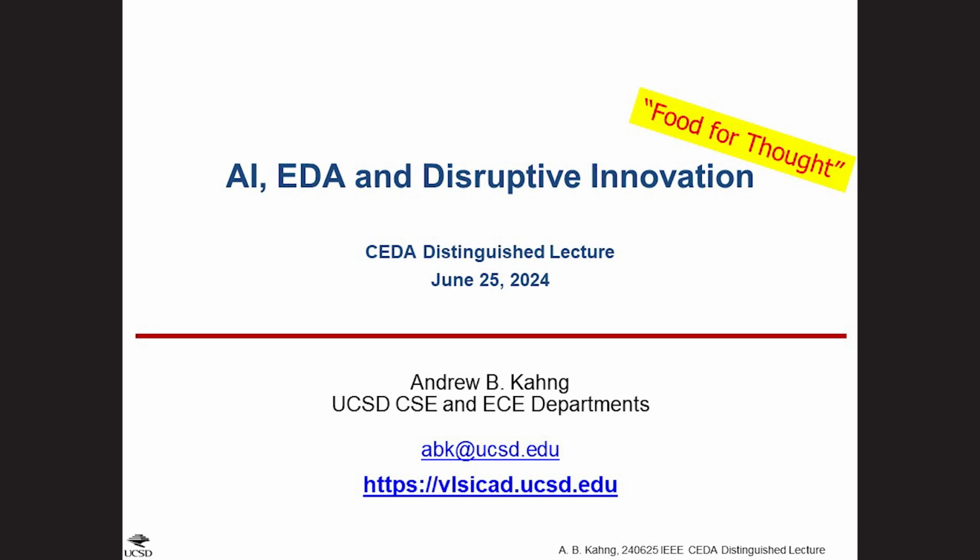What exactly does the Council do besides organizing nice lunches for people like you? We also organize conferences, we sponsor conferences. As you know, DAC is one of our flagship conferences, but we also organize, I think, over 100 conferences that we sponsor technically and financially sometimes.